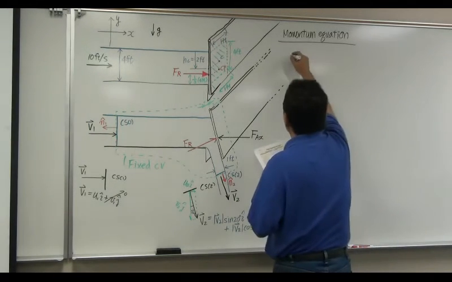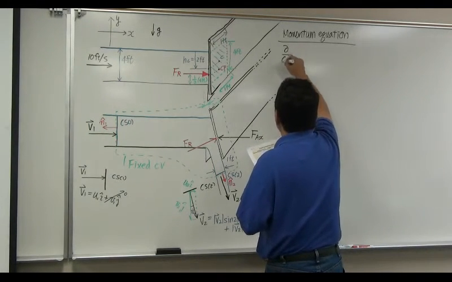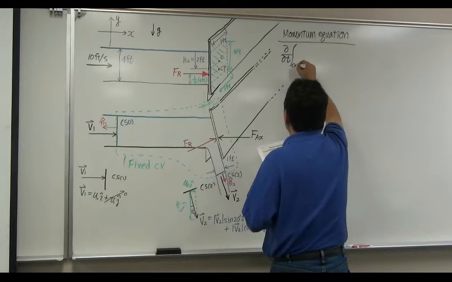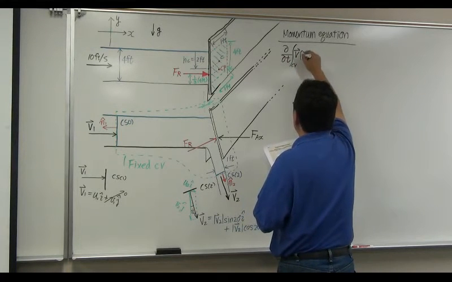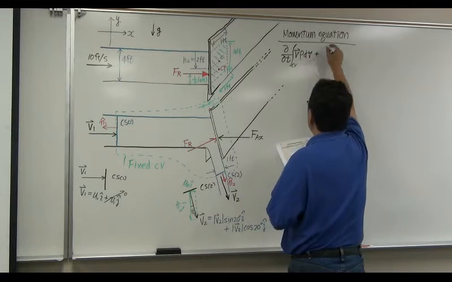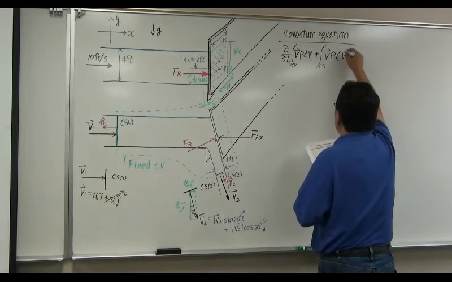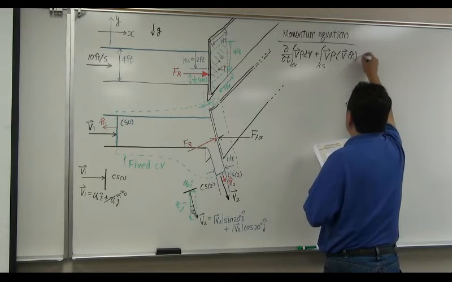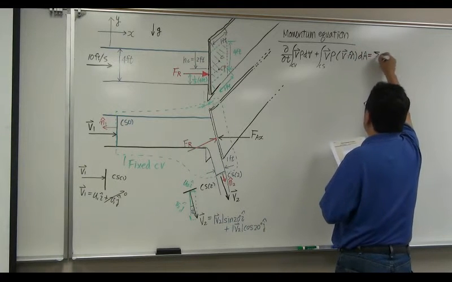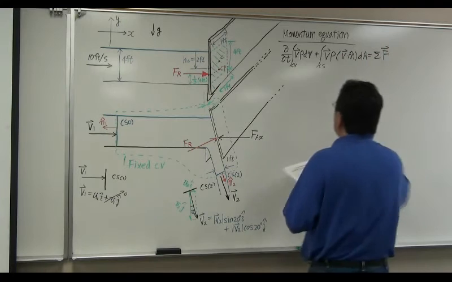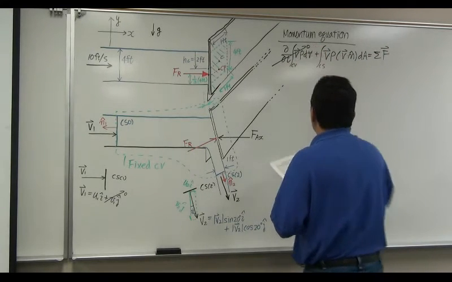But anyway, let's begin with the momentum: time rate of change within control volume of v rho dV plus integral over control surface of v rho v dot n dA is equal to summation of the force. This is a steady flow once again.